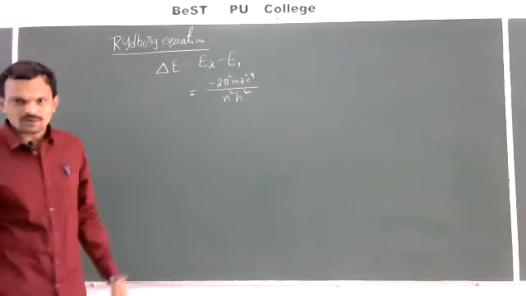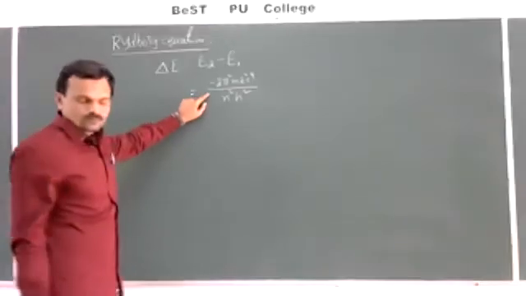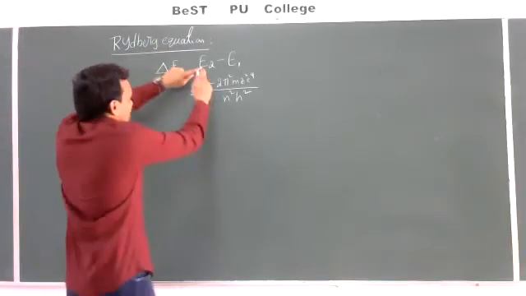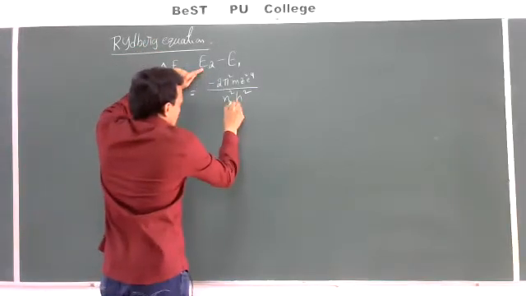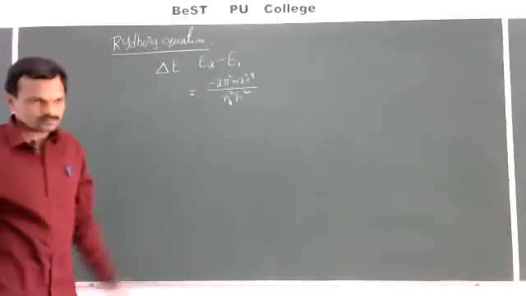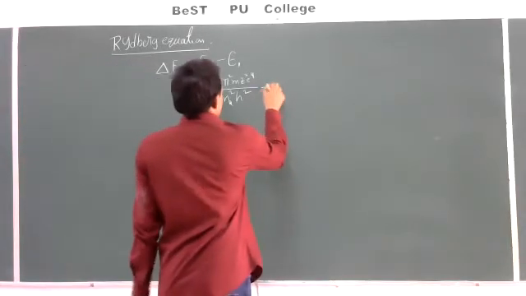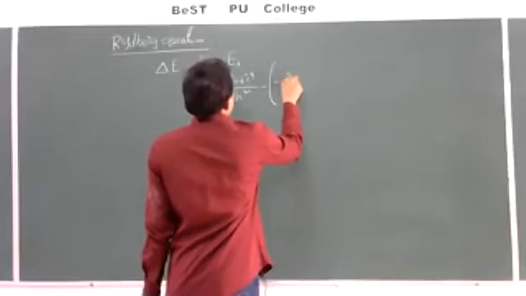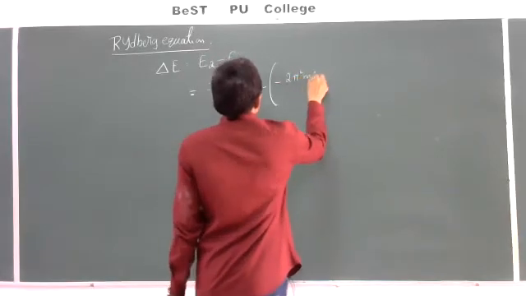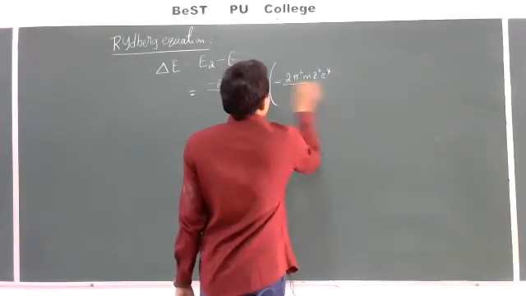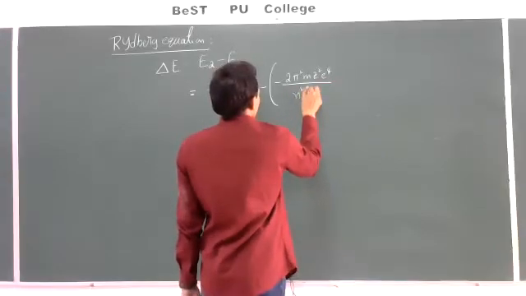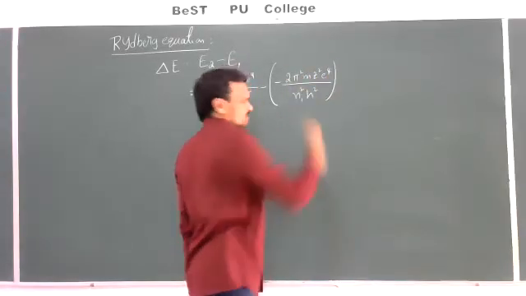This is the formula of the energy expression. So this is the energy of the second orbit, so I'll take n2 square, minus of minus 2 pi square m Z square e power 4 by n1 square h square.